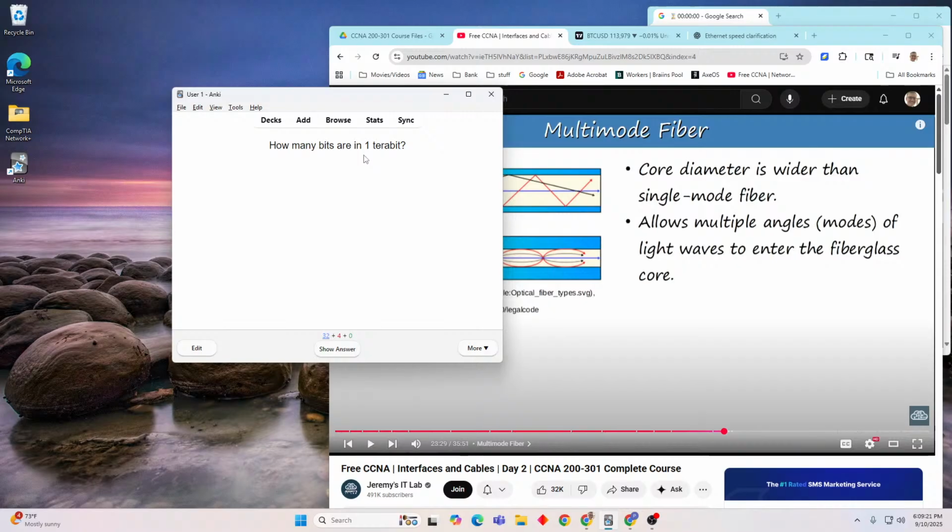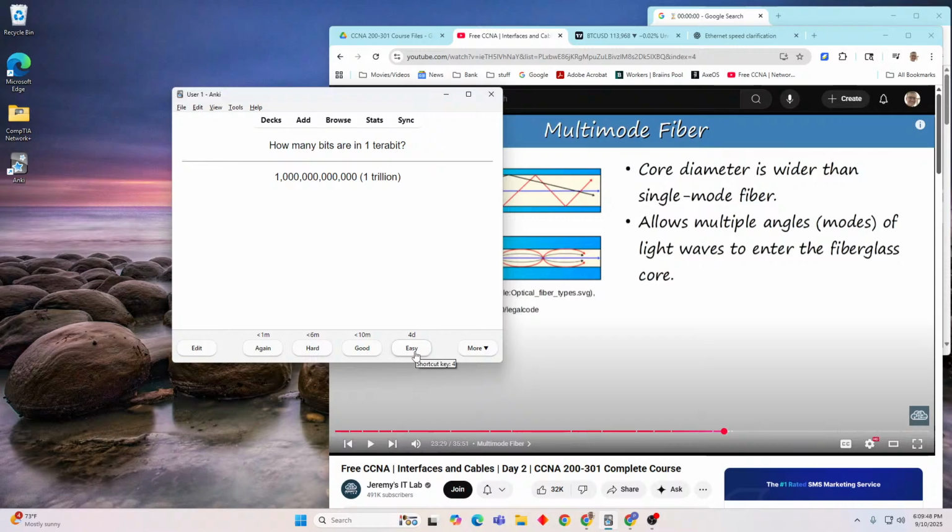What's another three zeros on top of 100 million? Is it 1 billion? Oh my gosh, it's 1 trillion. So this is mega, this is giga, and this is tera. A terabit is 1 trillion bits.